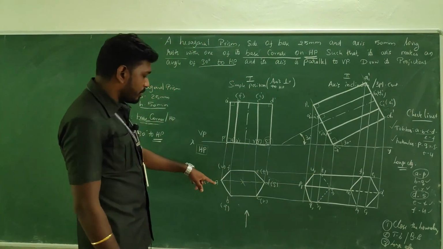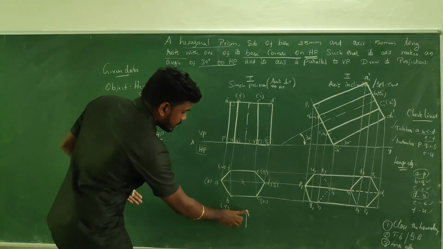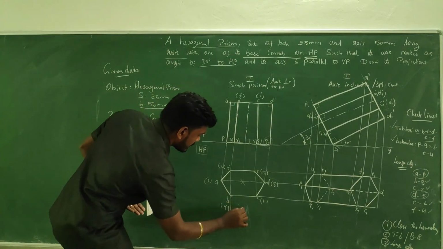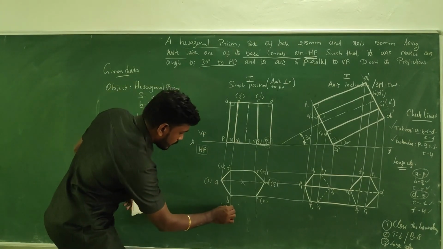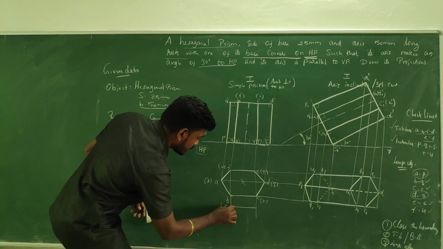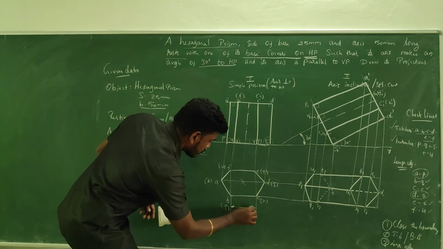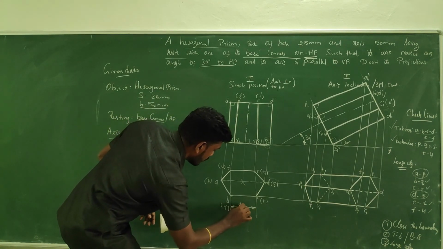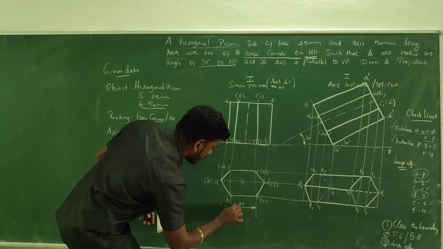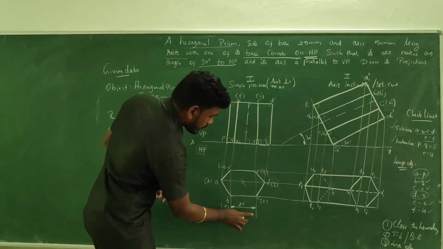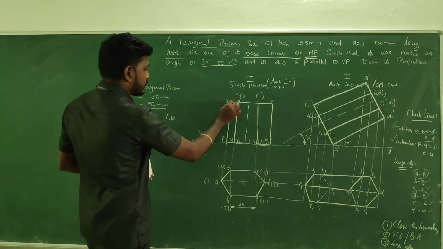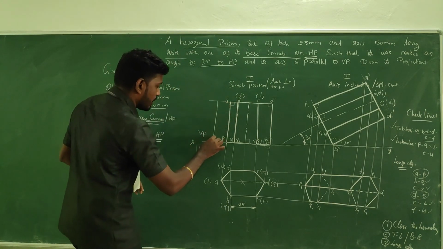Okay, so afterwards you have to make the dimensions, right? Here the hexagon side is given as 25 mm. I am going to capture it because dimension work is important. So you can capture it as 25 mm. You have to make the filled arrow, something like this, right? And then the height of the object, the axis height, is given.